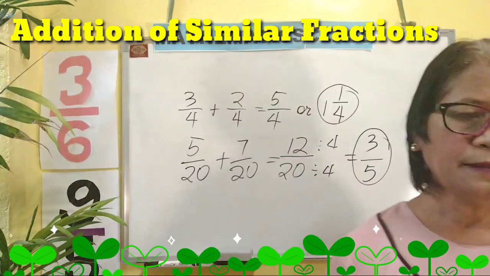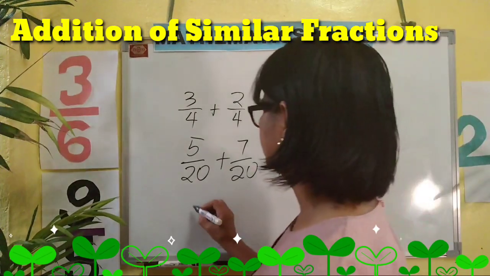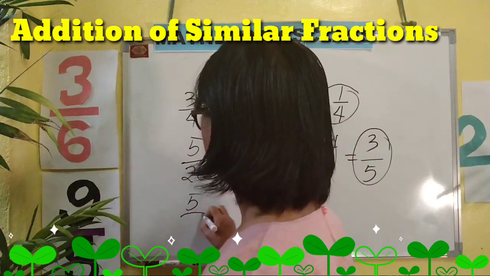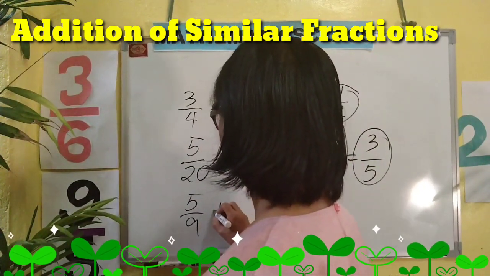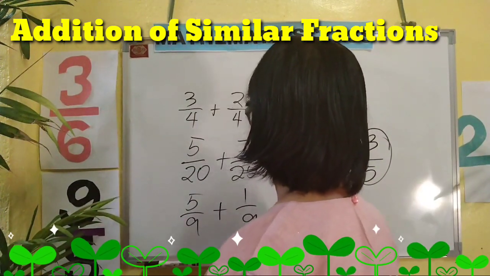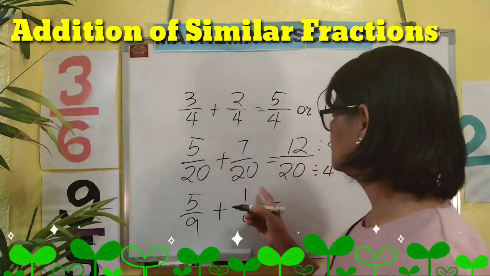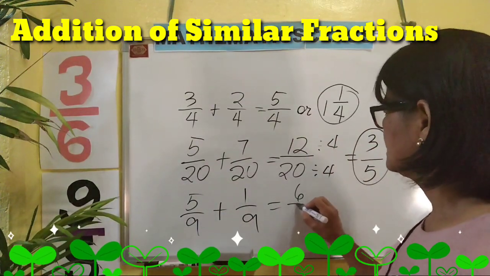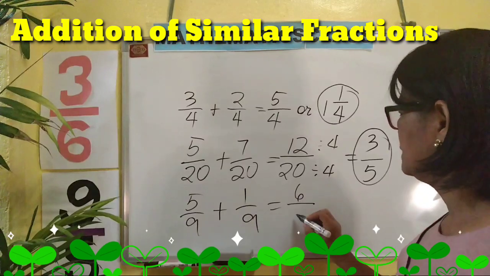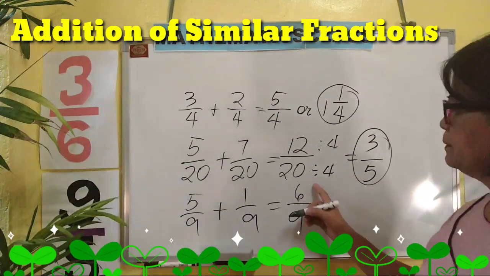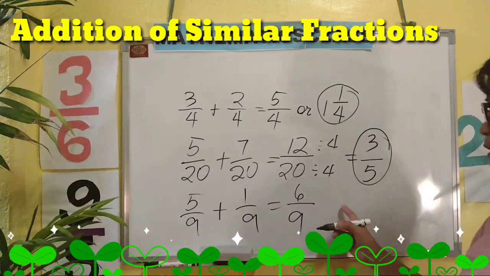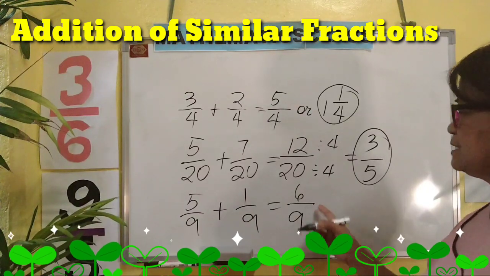Another one is 5/9 plus 1/9. So, add the numerators. 5 plus 1 equals 6. Copy the common denominator of 9. Simplify your answer into lowest term. Find the GCF for 6 and 9.